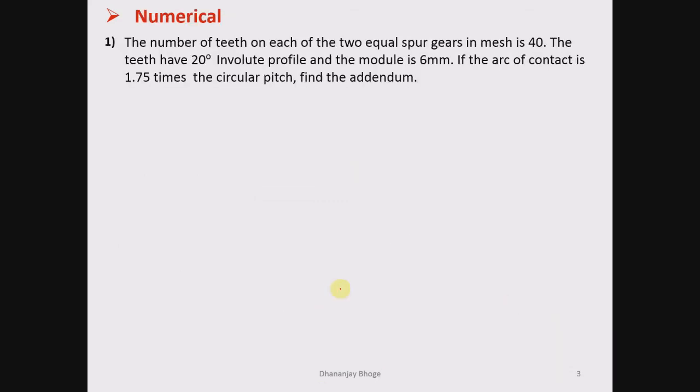Now, all of you write down this problem statement. I will give you 1 minute.